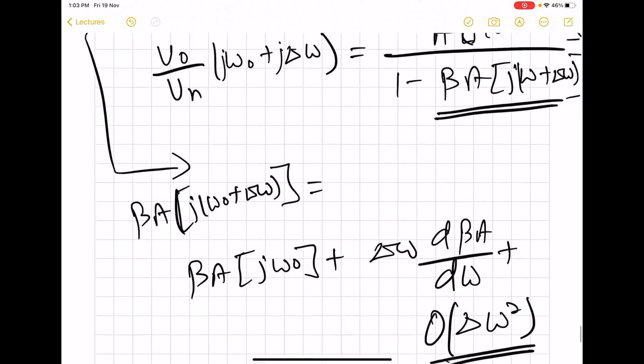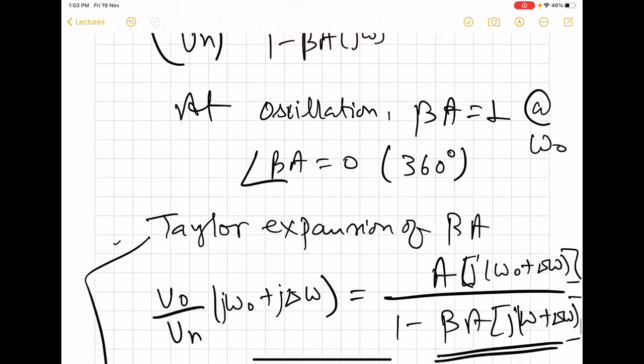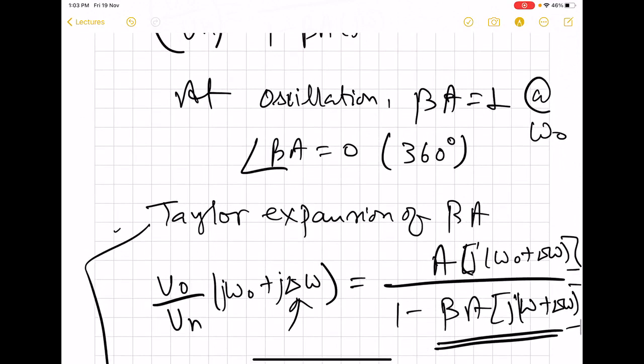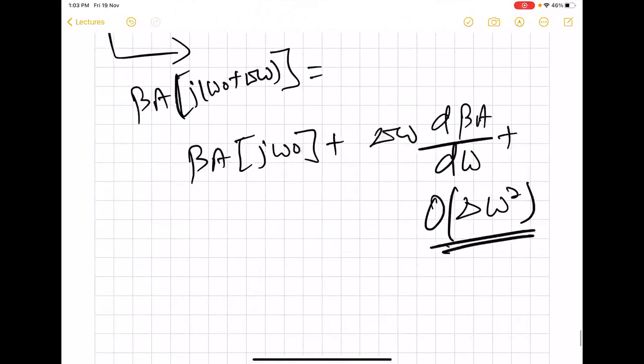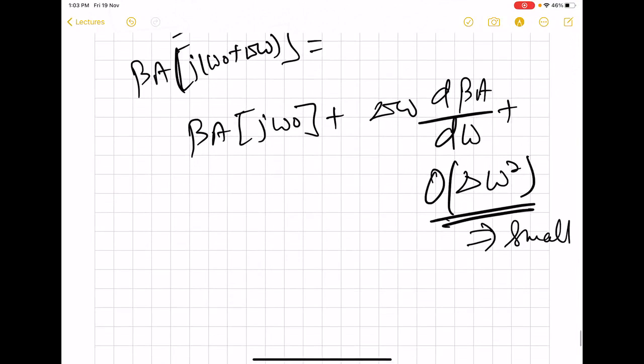Since we are interested in the value of the transfer function for a small offset from the center frequency, these are going to be small and can be neglected.